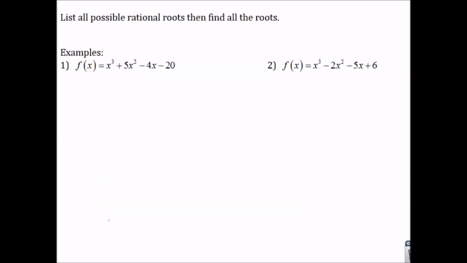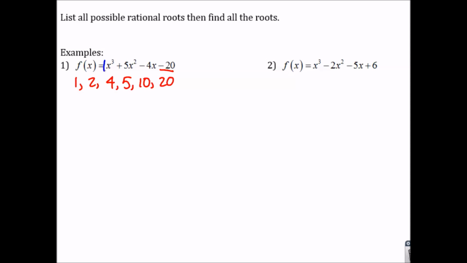Now let's use this to find the roots. So we are going to list all possible rational roots and then find all the roots. So just like we did on the last couple of examples, we're going to list out all the factors of the constant and the leading coefficient. So our constant is -20. The factors of 20 are 1, 2, 4, 5, 10, and 20.